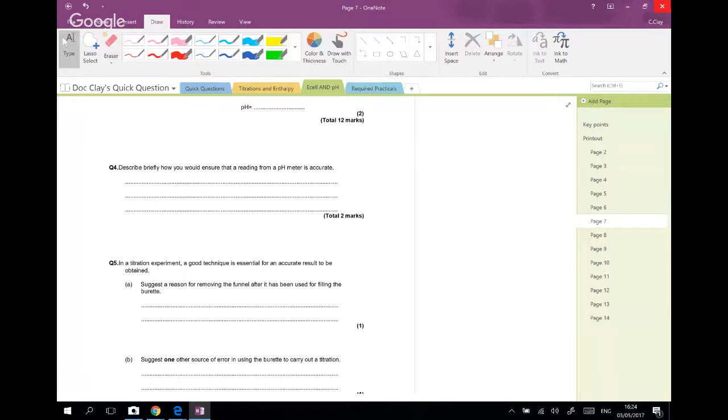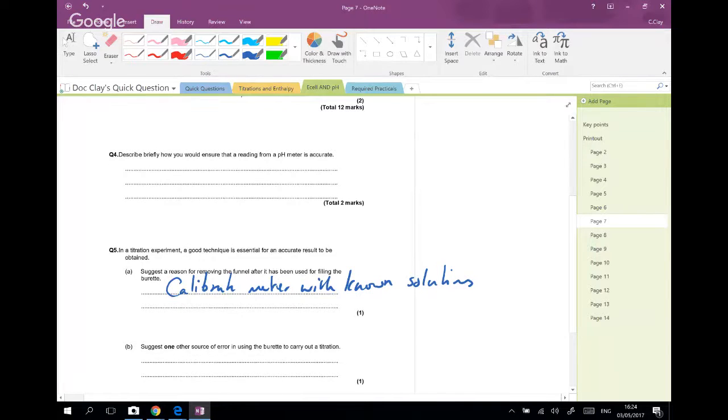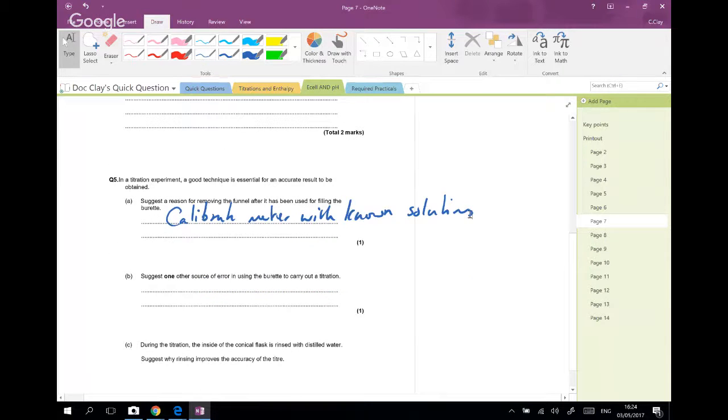Now an actual practical question about how to ensure that a pH meter is measuring accurately. The key here is that you have to calibrate a pH meter with known solutions. In other words, you've got to check that your pH meter is giving you a realistic value. So that's how we ensure they work. Other sources of error in a burette, well, I think we looked at this last week.